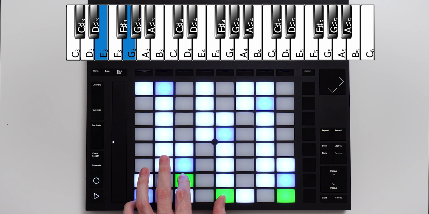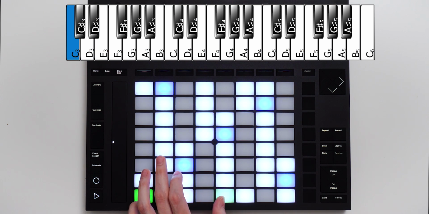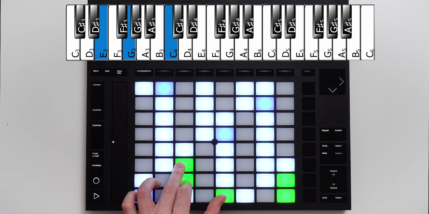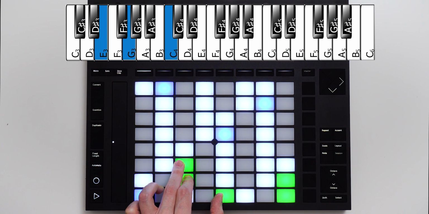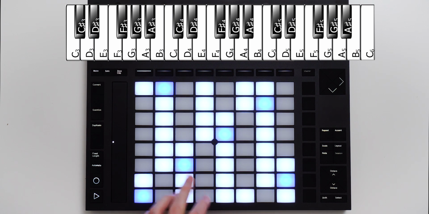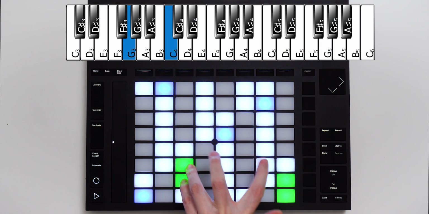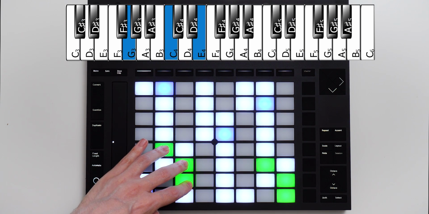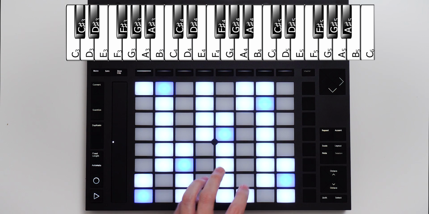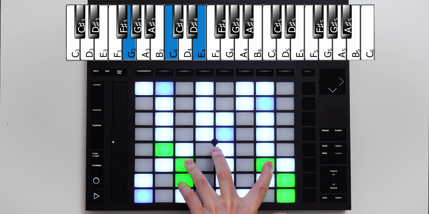Now I'm playing 1, 3, 5, but I can always go here and play C here. So I'm just doing the inversion again. And then I can do this other inversion. Maybe in this case I can do it like this. So it's just the same, but maybe you have to think a little bit more about it.